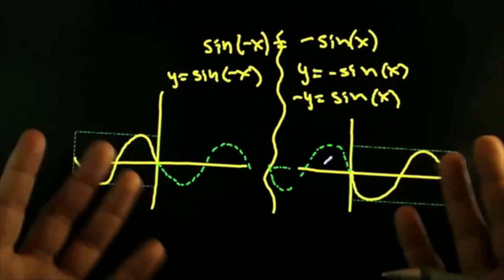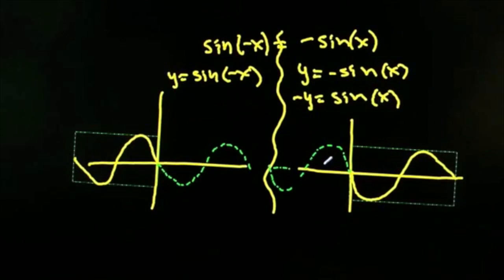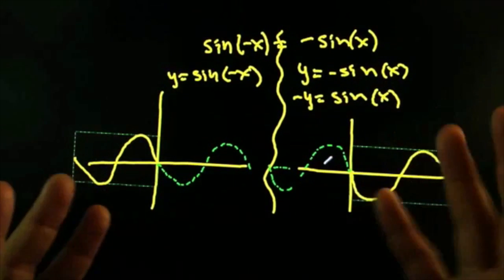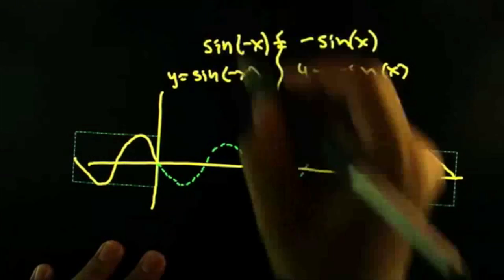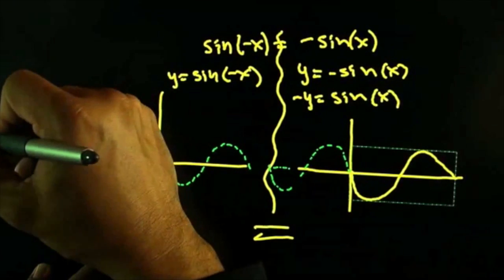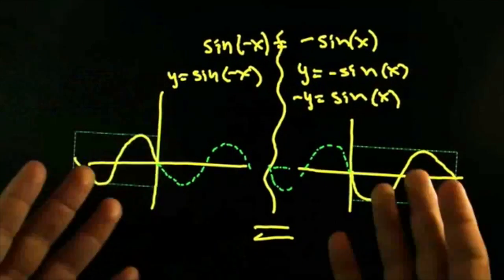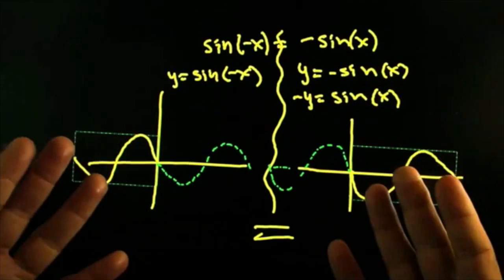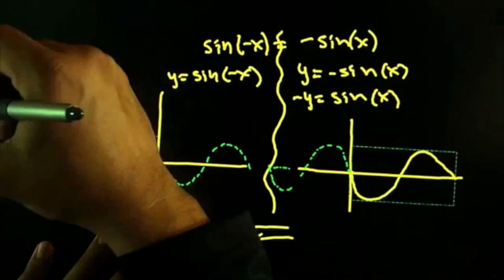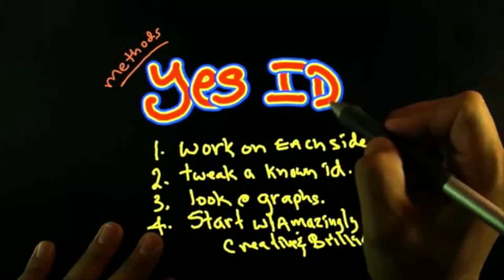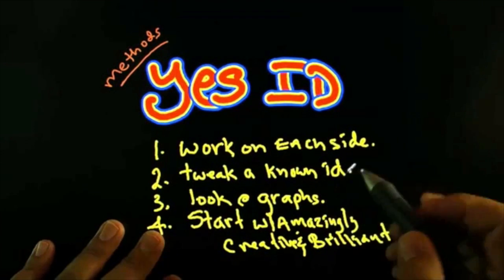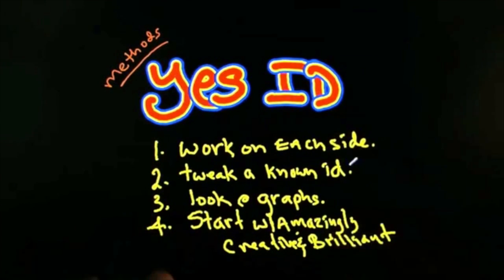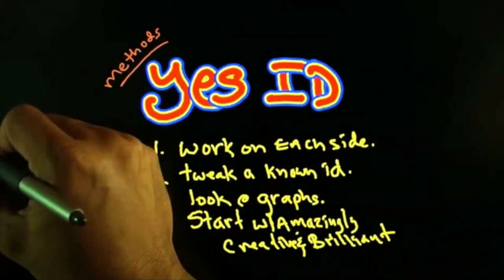I know the drawing is not exactly perfect, but let's just let that slide. And in that way we establish that these are in fact the same. Sometimes the graphs are not that convincing, but in this case there's absolutely no doubt they're the same graph. By looking at the graphs we can establish identities, and that establishes sine as an odd function.